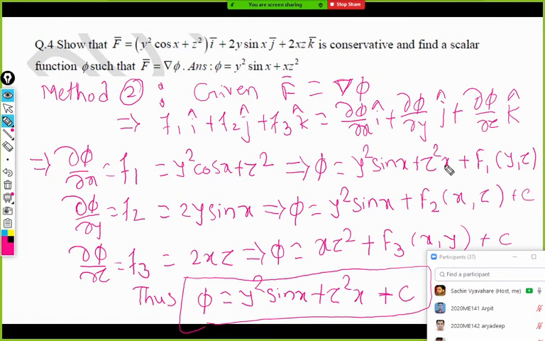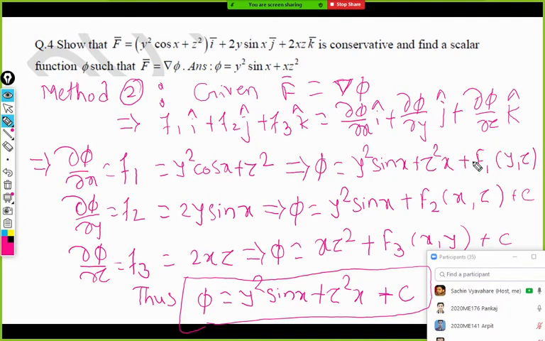Now if you have a doubt, you can ask. Sir, I didn't get how we compare three equations. Will you please tell again? So again, I'm saying the same thing. If you want to compare, you have to just find out the constant of integration.